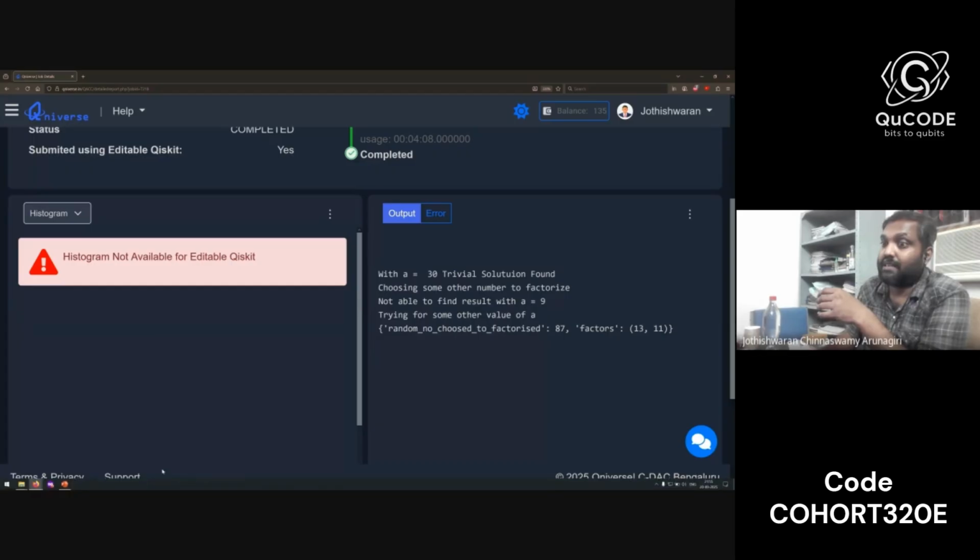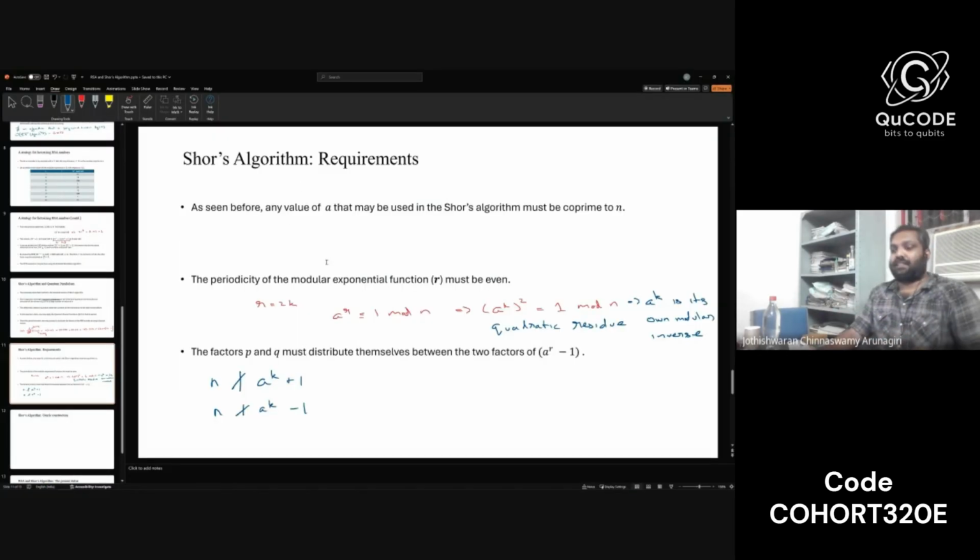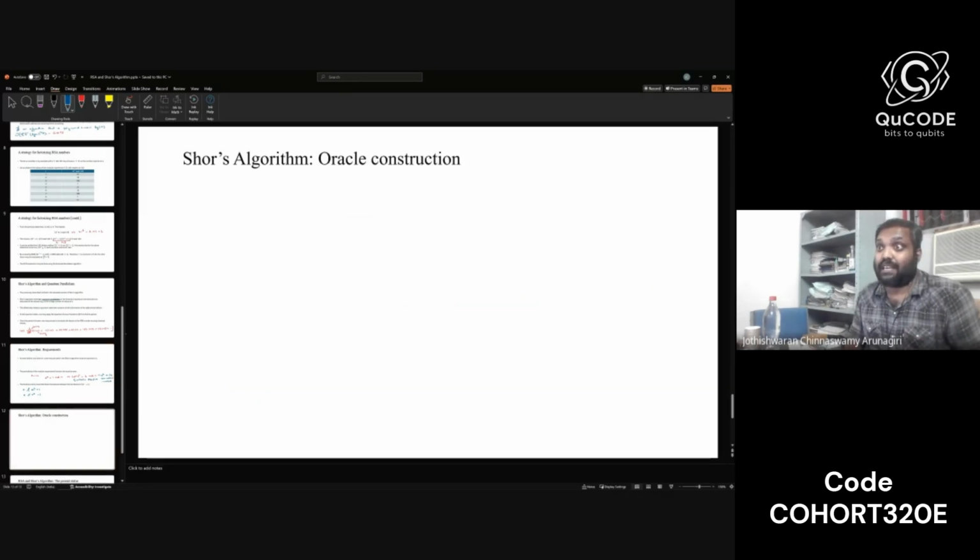Okay, so now let us remember these three things. First, I need that A should be co-prime to N, and I need R to be even. So typically, theoretically, A is chosen from the interval N squared to N squared.